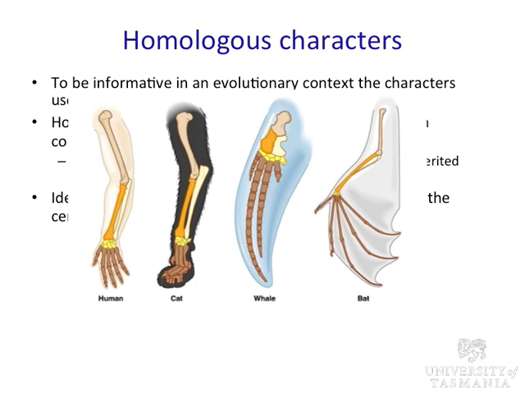But if we go a little more broadly outside the primates, this is basically the same limb in a human, a cat, a whale and a bat. It's been drawn and coloured to show you the homologous bones, the bones that are actually the same bone in the highly modified structure of the limbs.